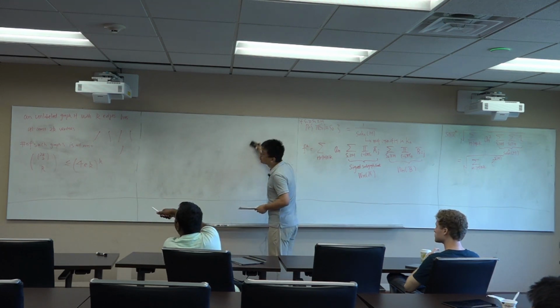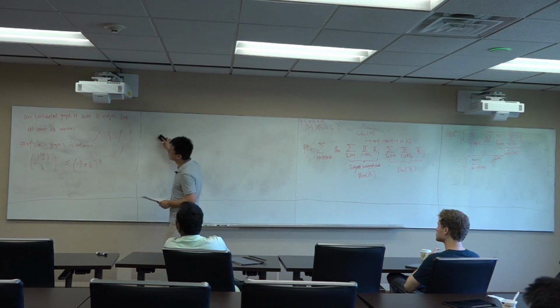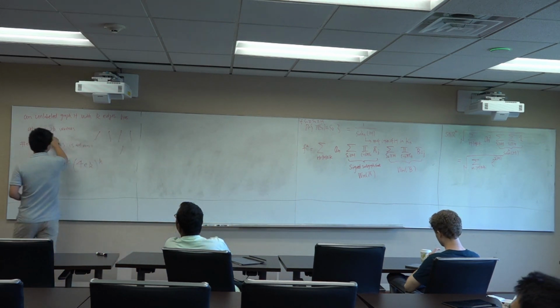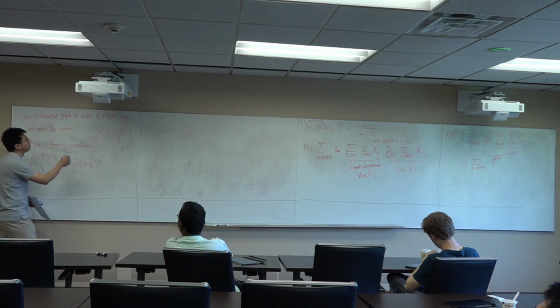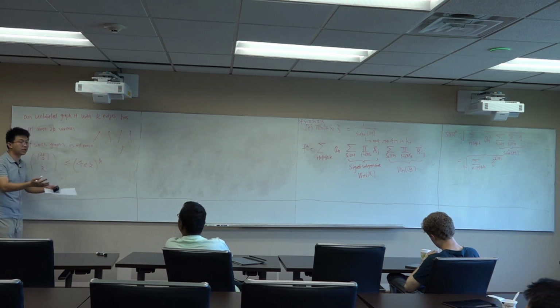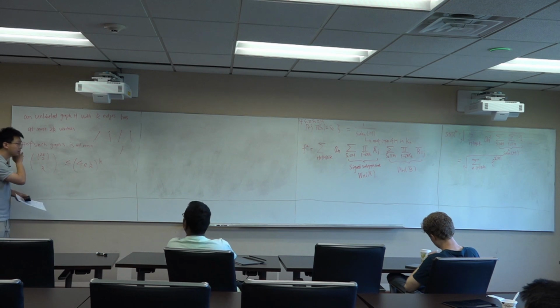So can you explain this again? How did you get this 2k choose 2 and k? Oh, because you have at most 2k vertices. And now you have 2k vertices, then how many node pairs? There are at most 2k choose 2 node pairs. And then forming a graph is like connecting those node pairs. So that's why I have 2k choose 2 and then choose k.